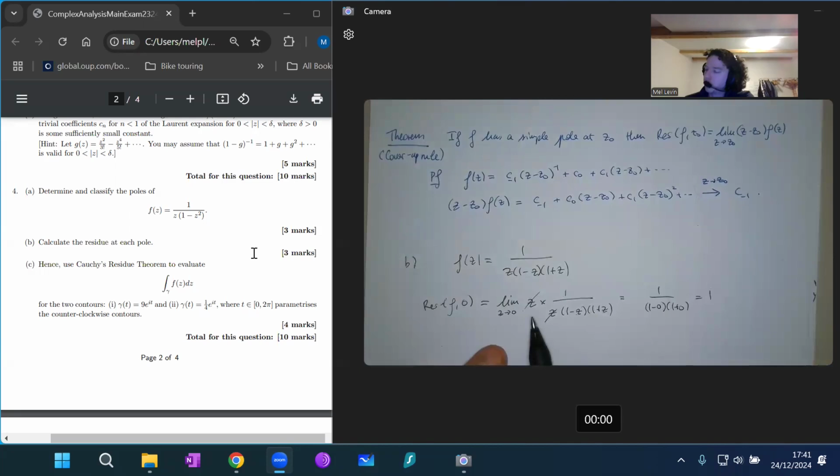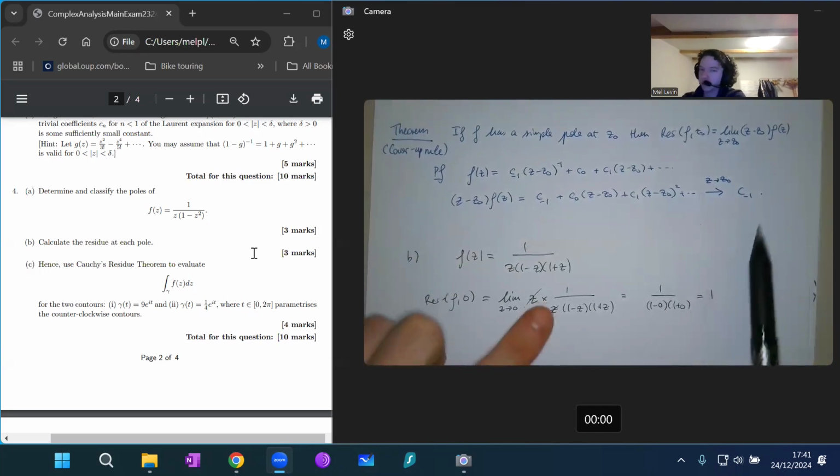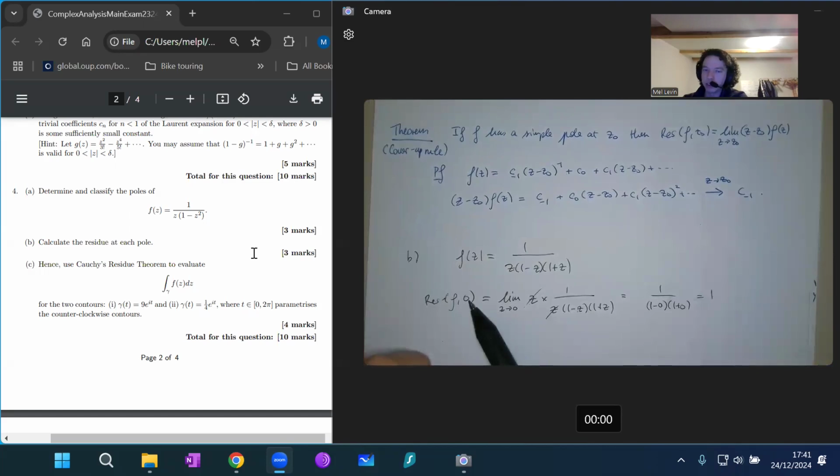So that's why it's called the cover up rule. Essentially, if I want the residue at 0, it comes down to covering up this z, which is responsible for the pole at 0, and then plugging in 0 into the rest of the expression.